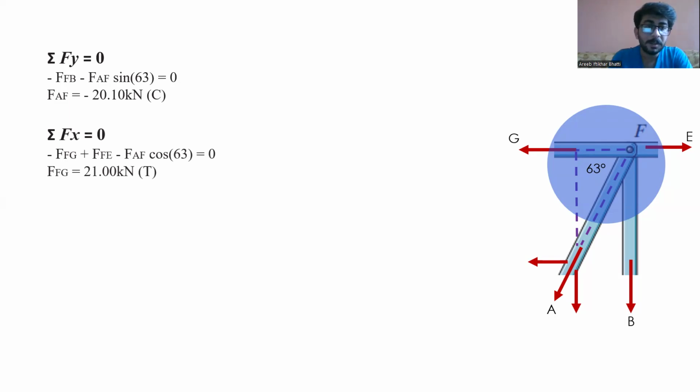And by applying that the forces in x direction, we get negative force FG plus negative force in the member FE, negative force in the member AF with its horizontal component cos 63. So we get the force in the member FG, which is 21 kilonewton. And you see this member is in tension.